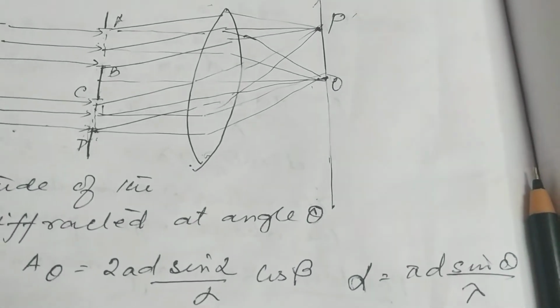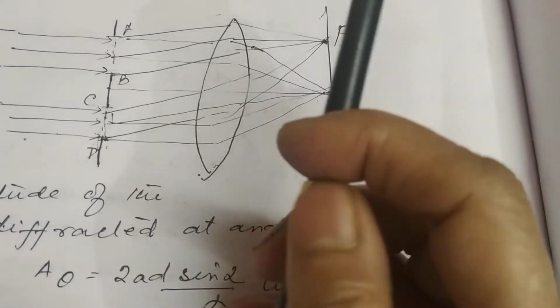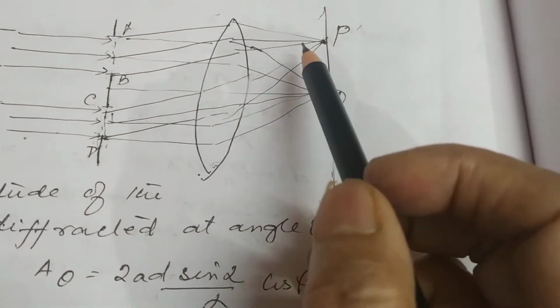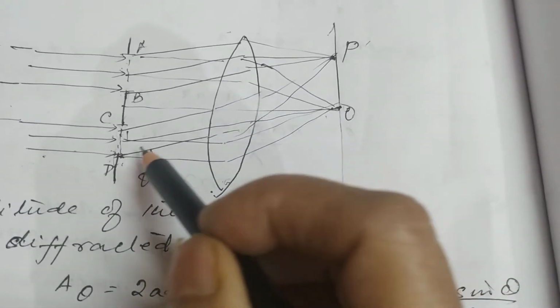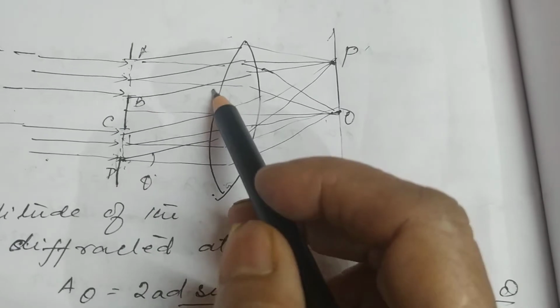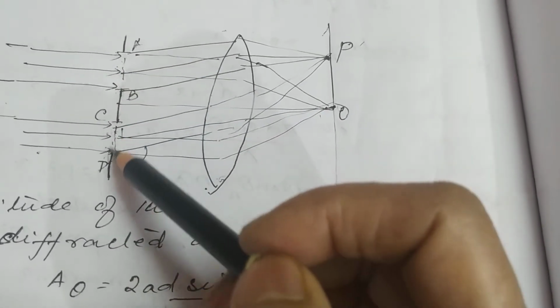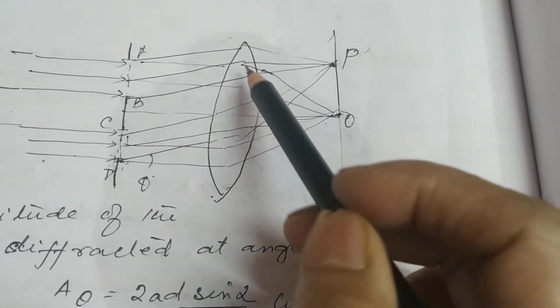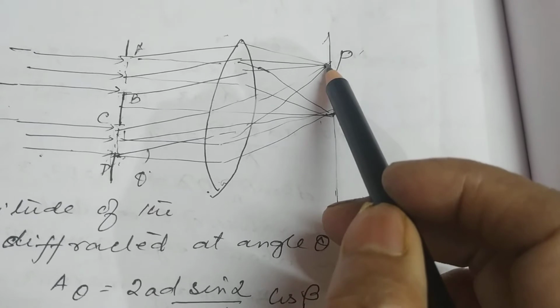I am interested only in the parallel rays diffracted at an angle theta, since I am interested in what is happening at infinity. From both wavefronts, these rays fall on the lens and converge at a point P.